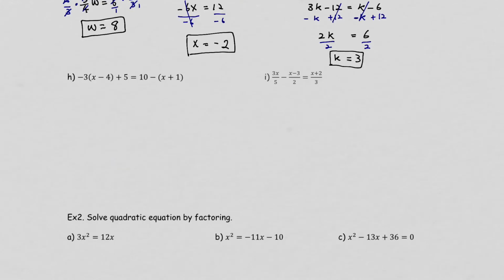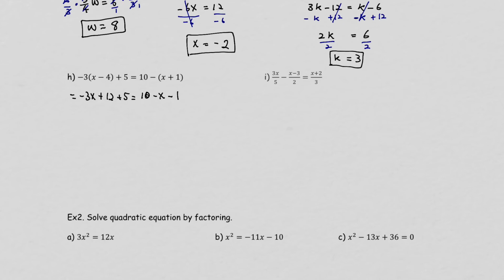Okay, next 2 problems. So this one, I see 2 parentheses, so let's distribute. Negative 3 times negative 4 will make positive 12, plus 5 and 10. You're distributing the negative sign, so that will become negative x and negative 1.